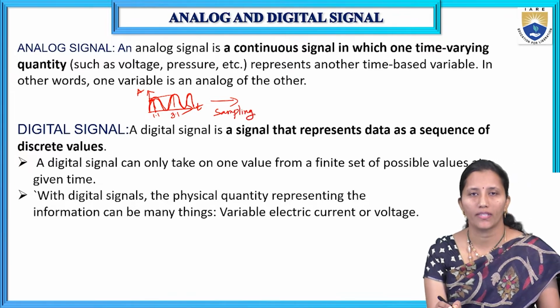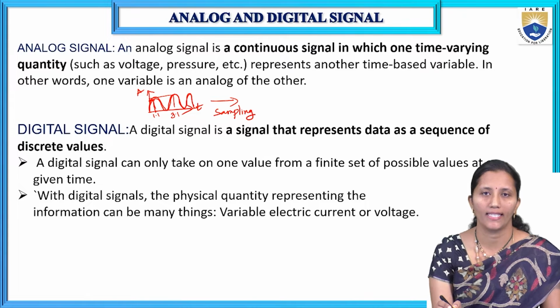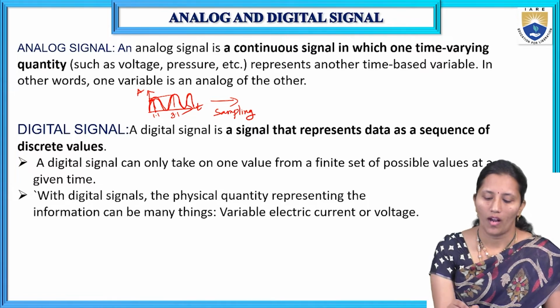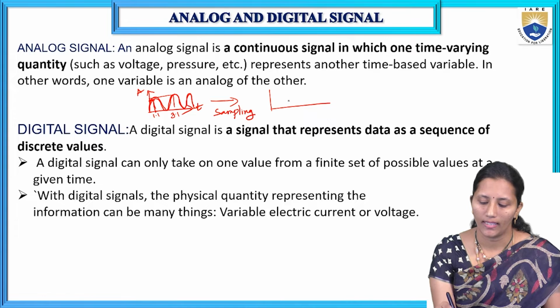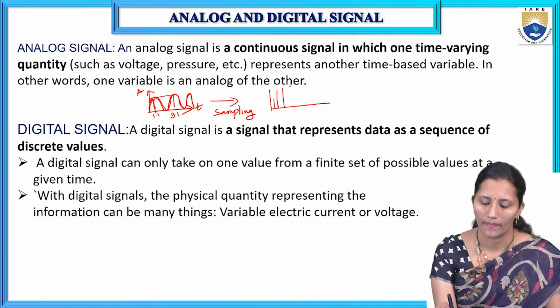Before going to know about the digital signal, we have to know what is a discrete signal. What is the difference between the discrete and digital signal? After sampling the analog signal, we will get the discrete signal.